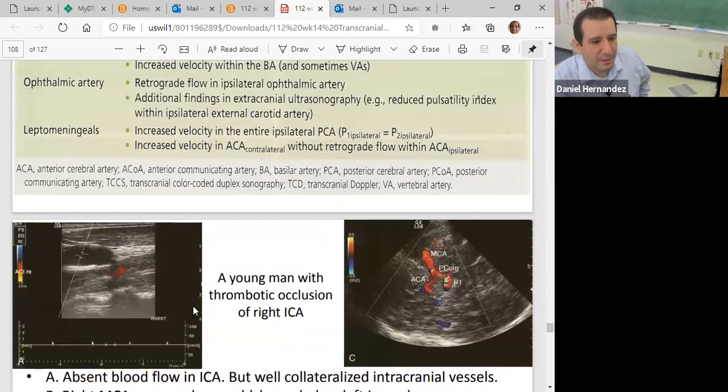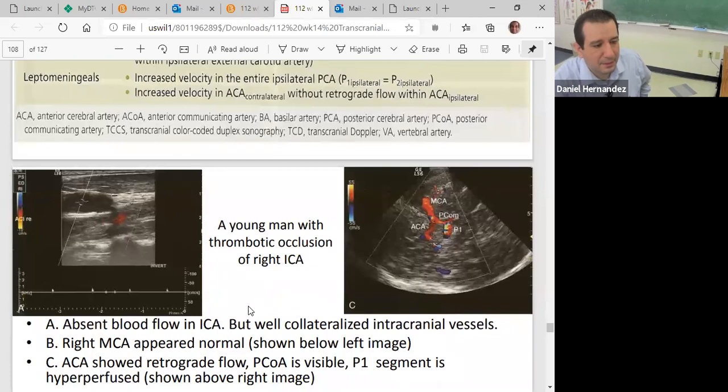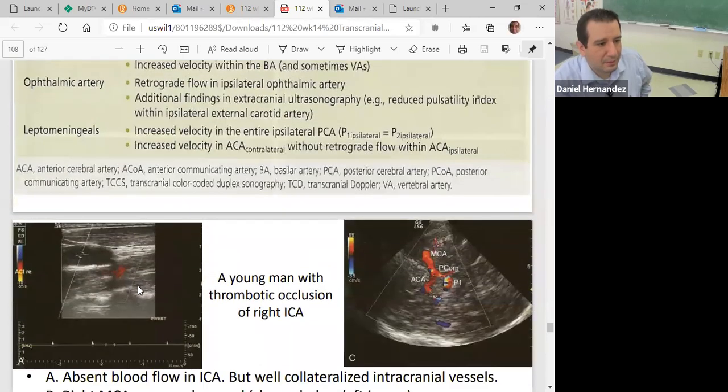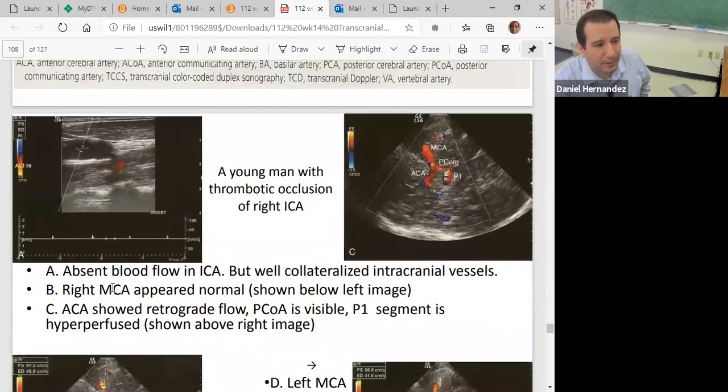So this is a young man with a thrombotic occlusion of the right ICA. Here we're Dopplering. We can see what looks like a large fresh clot or thrombus within the patient's ICA. There's no blood flow getting through.